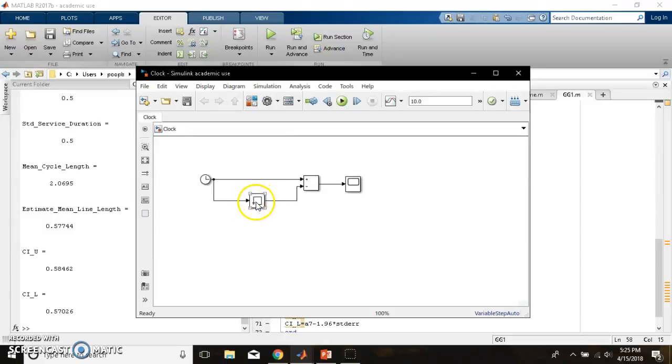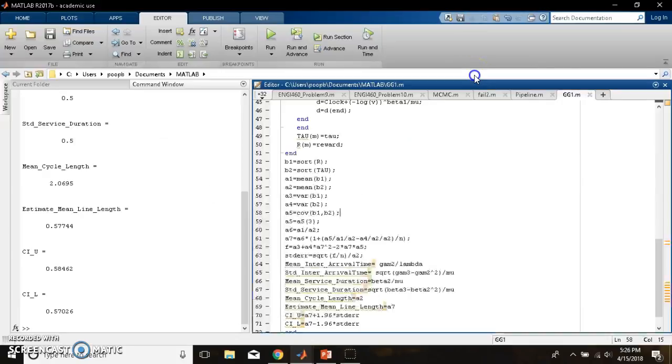This right here is a memory statement, so it loops back to a certain point and calculates the simulation time then. And then this is a sum function with the plus and minus, so it'd be this value minus your value in memory, and then it outputs it. So this relates your simulation time to the previous simulation time. There's no built-in function for this in MATLAB, so we had to do it in Simulink.